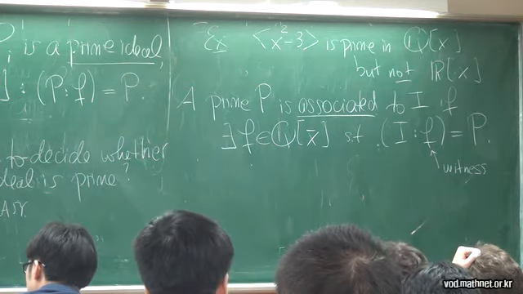We write Ass of I for the set of all prime ideals that are associated to I. Okay?